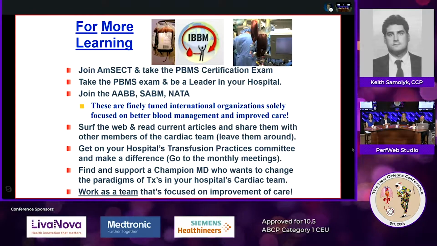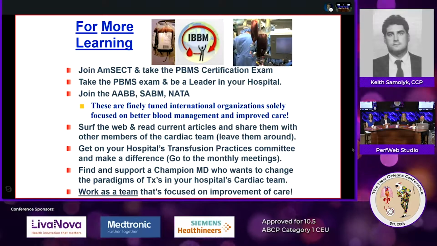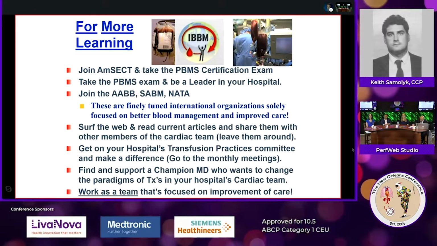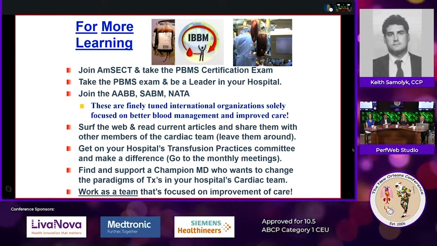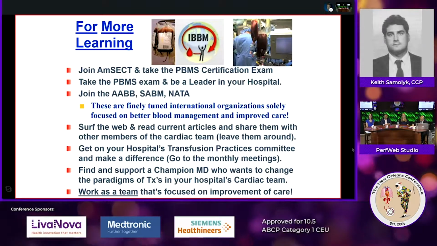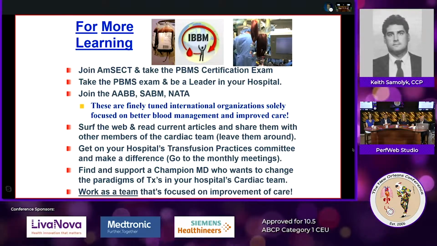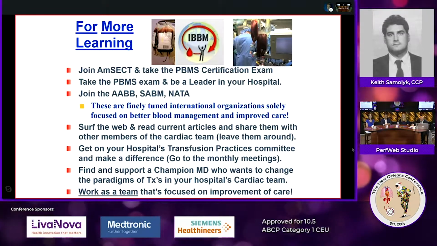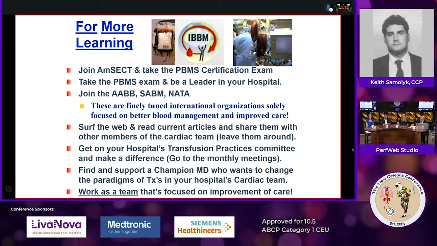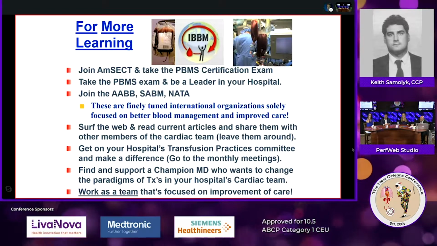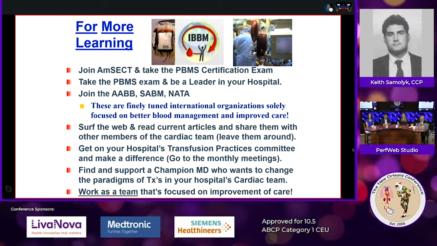Patient blood management specialist is a higher level. So be a leader in your hospital. Take that exam. It's only 100 questions. There's no case requirement. You pass the exam, you get the certification. You get to renew it every other year, and it's something that you can be very proud of.